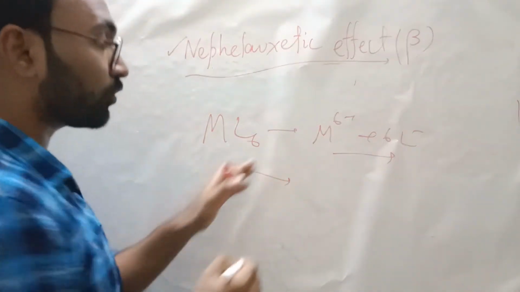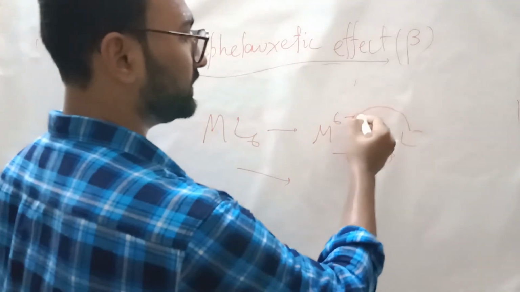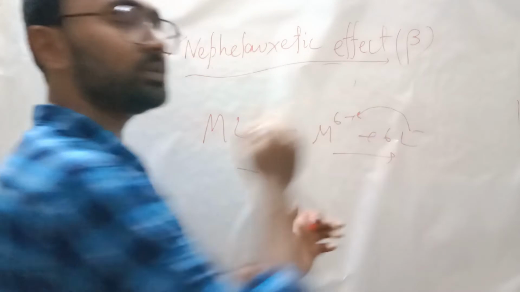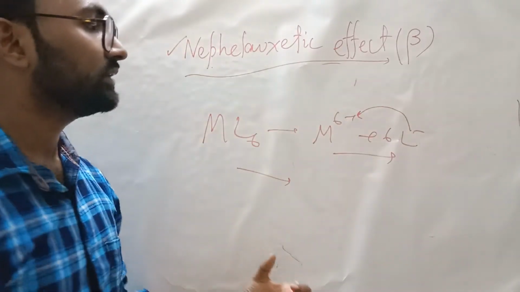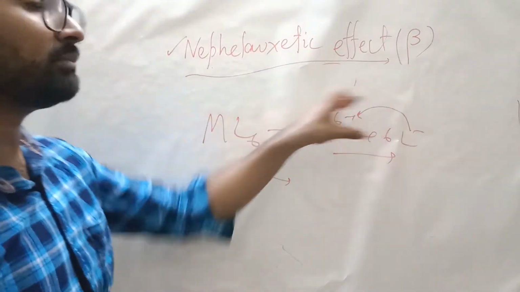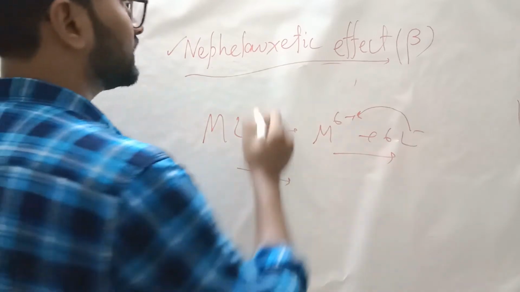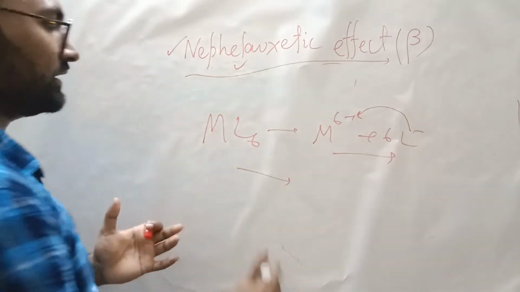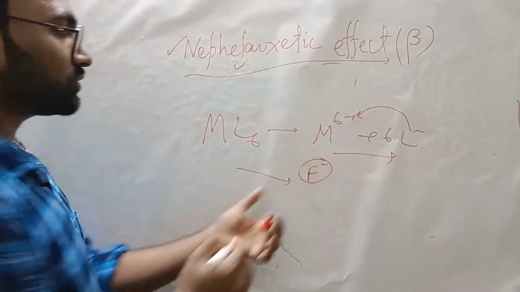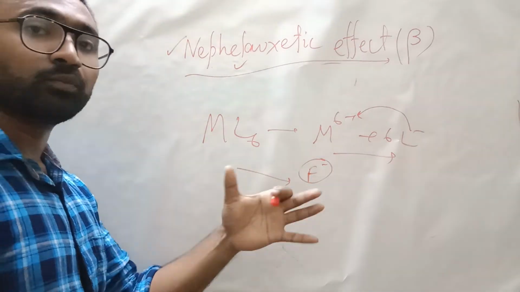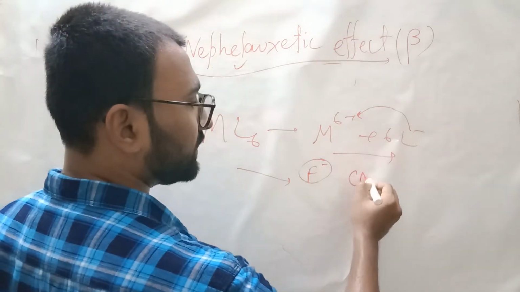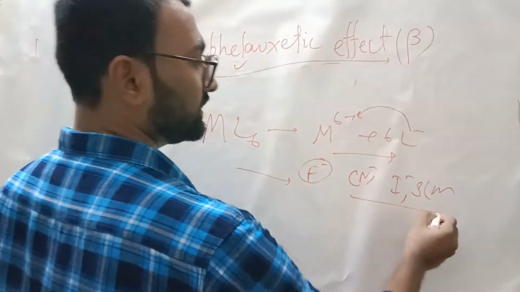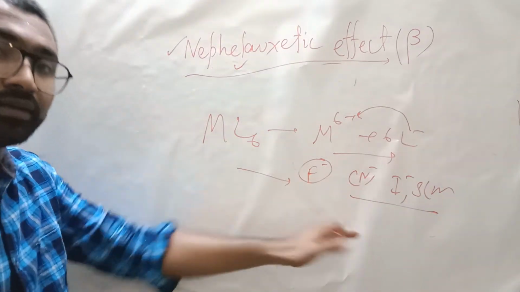But if it is covalent, the ligand electrons will be delocalized on the metal and the metal electrons on the ligand, so it incorporates the covalency in the metal-ligand complex. Understood now? From this series we can know how much covalency is there. If you consider F minus, the complex is more ionic. If you consider Cl minus or I minus, then the complex is more covalent.